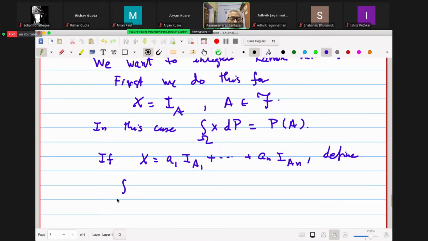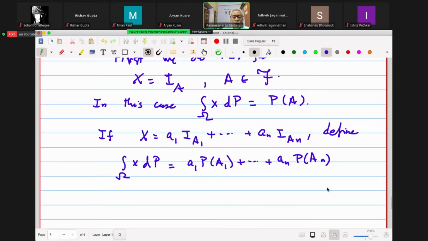Okay, integral of X over omega dP to be, well, so you see, as I said, you must think of this integration as length of A. Okay, so a1 times P of A1, blah blah blah, an times P of An, and this is nothing but summation ai integral over omega of the indicator function I_Ai dP.